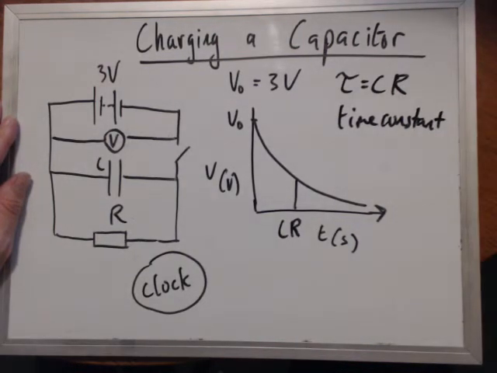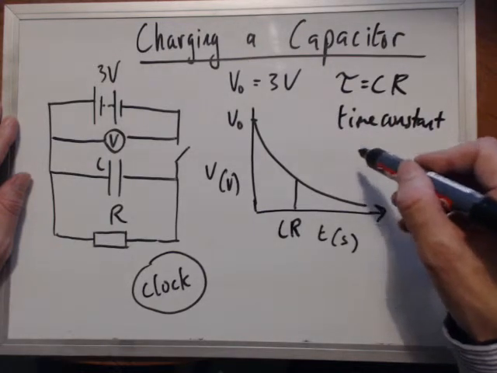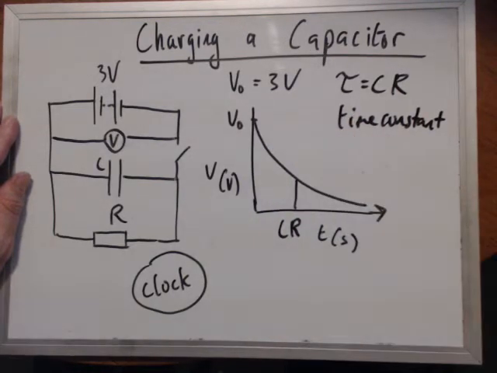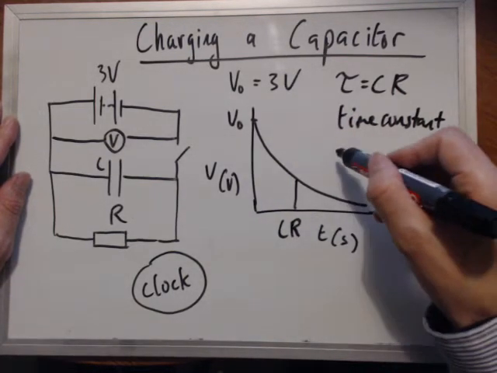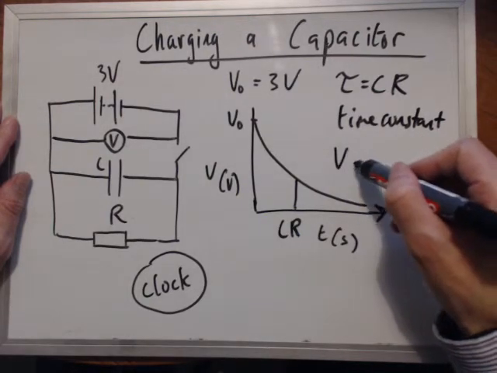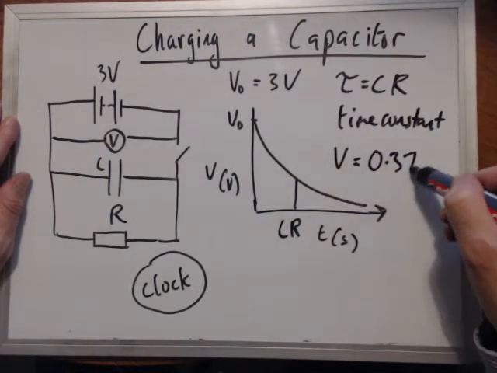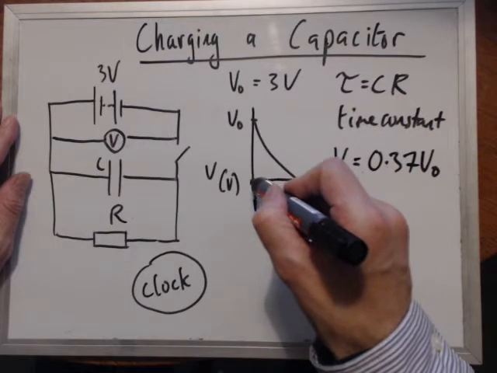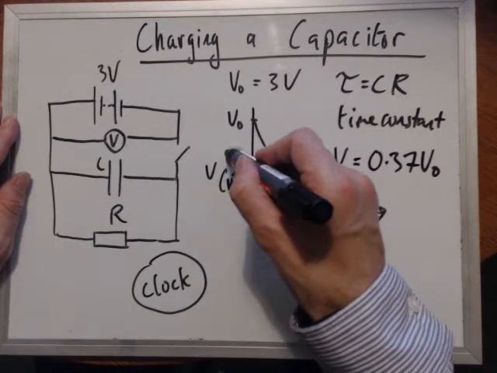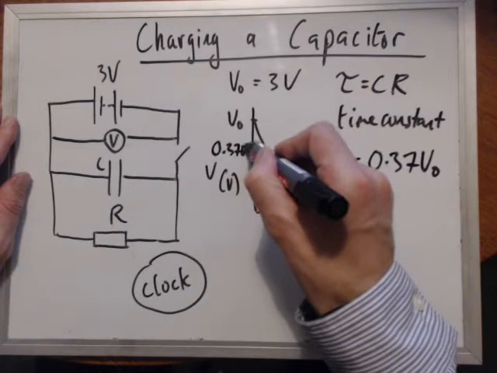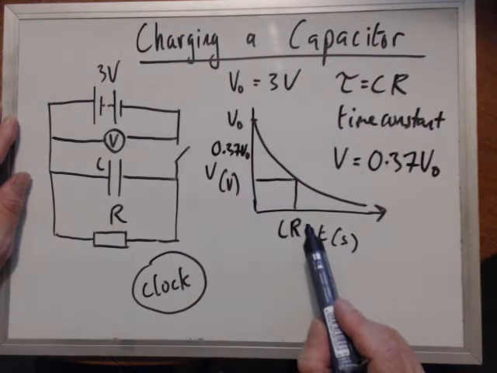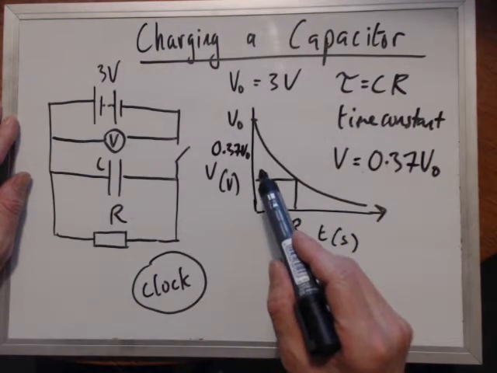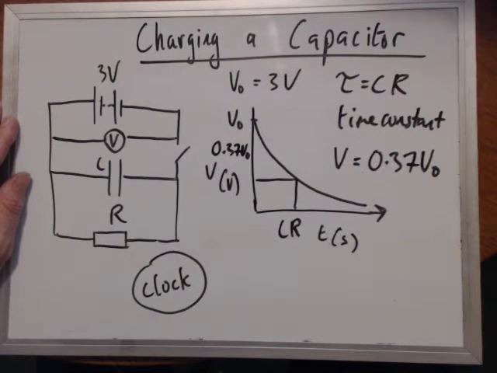And after a certain period of time, which is a time constant, the final voltage will be equal to 0.37 times the initial voltage. So that point there is in fact 0.37 V0. So just by multiplying the capacitance times resistance we will know how long it will take to discharge to 0.37 times the initial voltage.